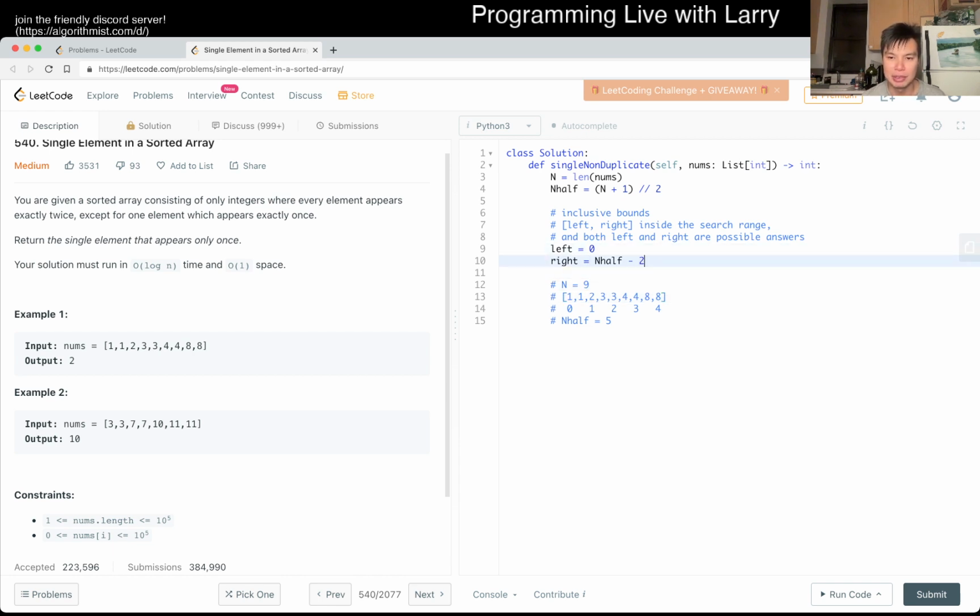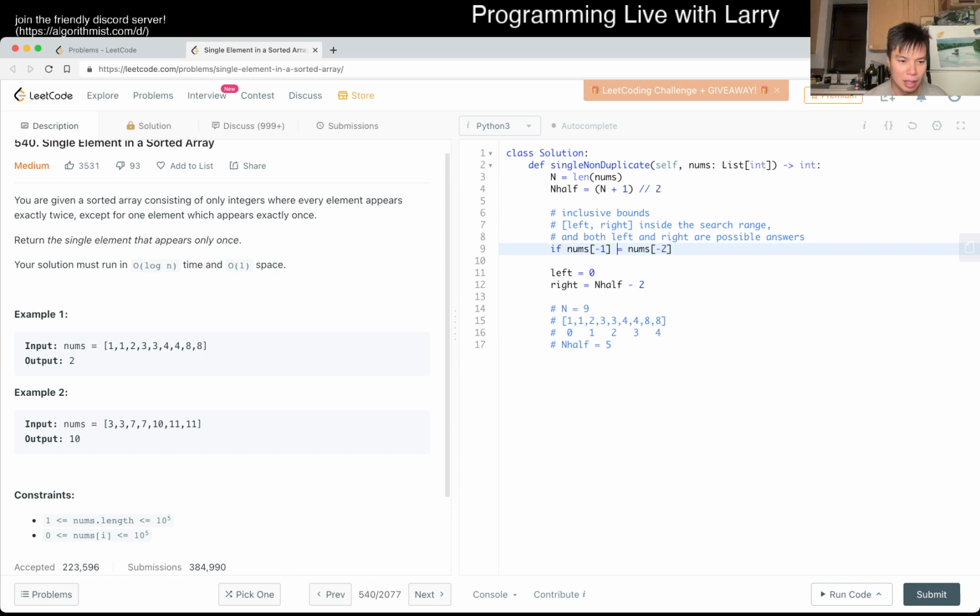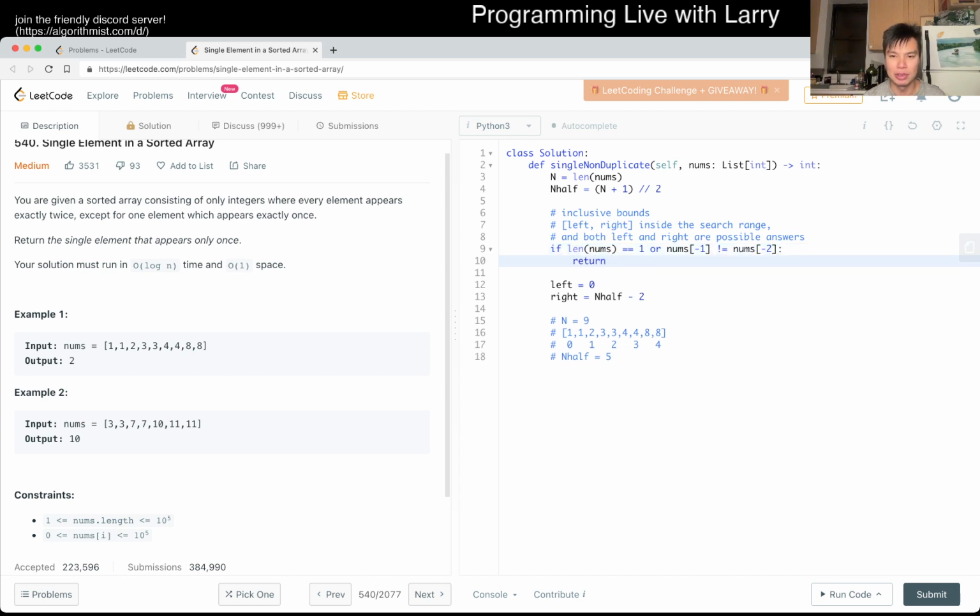So now we can do n over 2, and we just skip this one. But of course we have to check n half over 1. If the last number is equal to the one before it, or rather is not, of course length can be 1, so we have to double check for that. If this is not the case, or if length is equal to 1, we return the last number, since it's sorted.